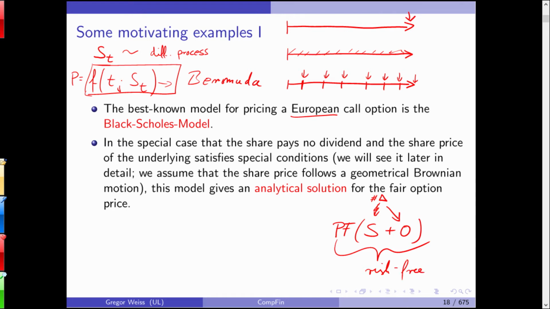But if it's risk-free, in order to be arbitrage-free, it has to offer the risk-free return. And then you get a stochastic differential equation.